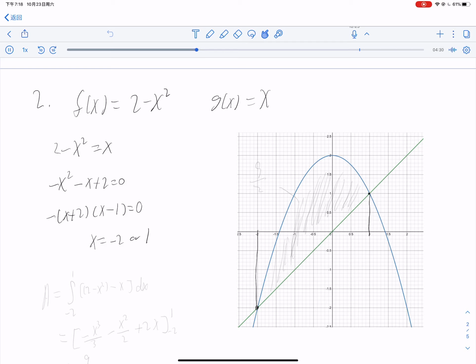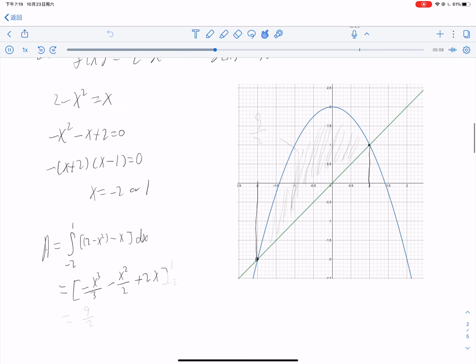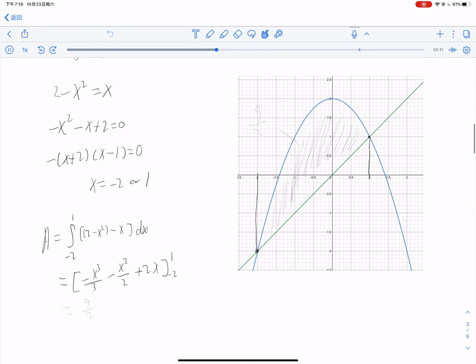And now you will use the formula. So area equals the integral from negative 2 to 1 of f of x, which is 2 minus x squared, minus g of x, which is x, dx. So this is going to be equal to negative x cubed over 3 minus x squared over 2 plus 2x from negative 2 to 1.